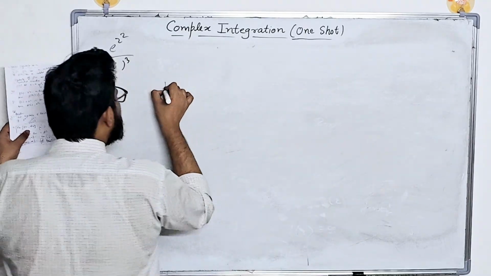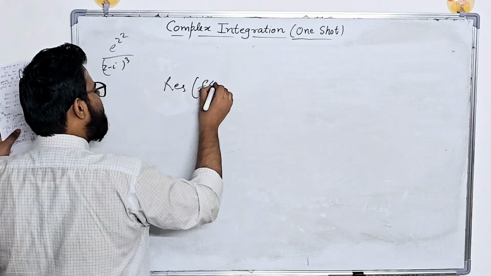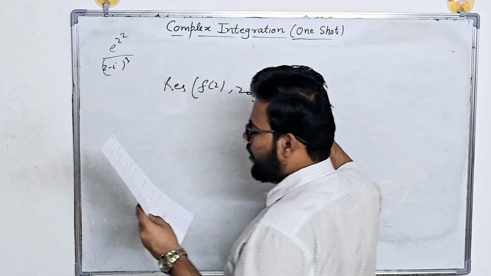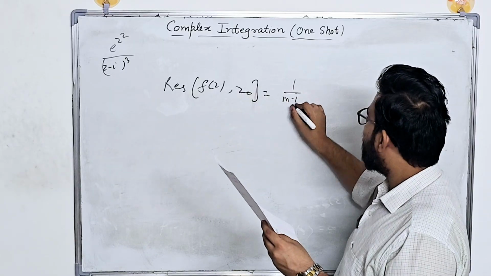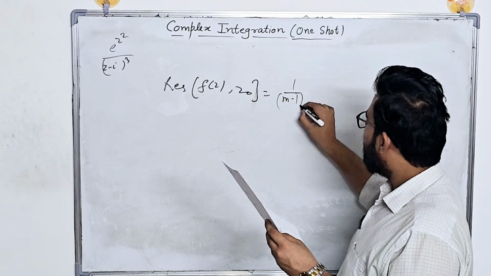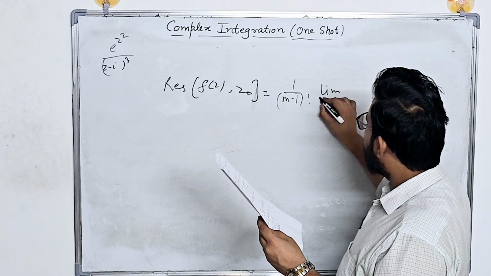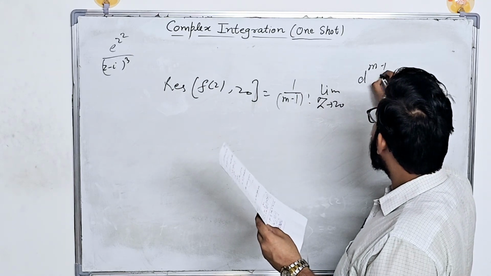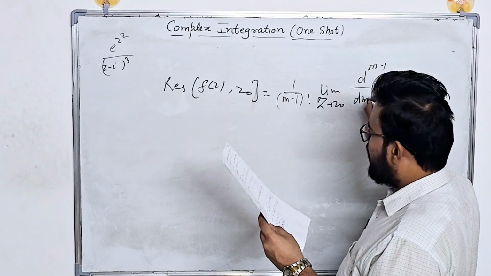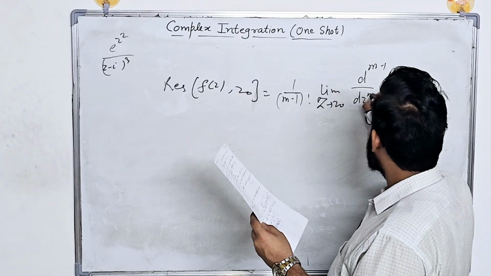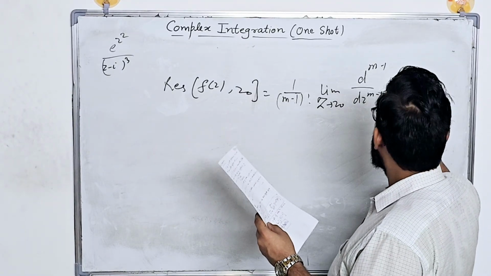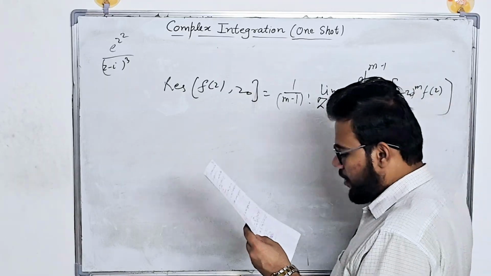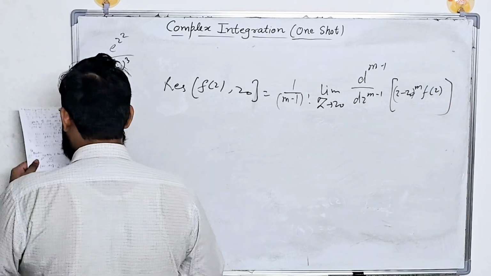So the residue of a function f of z at some z naught is given as 1 upon (m minus 1) factorial, limit as z tends towards z naught of the quantity d to the power (m minus 1) by dz to the power (m minus 1) of (z minus z naught) raised to the power m times f of z, right? This is the value.